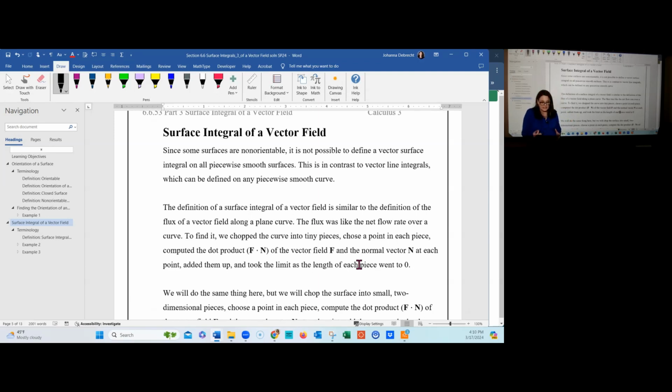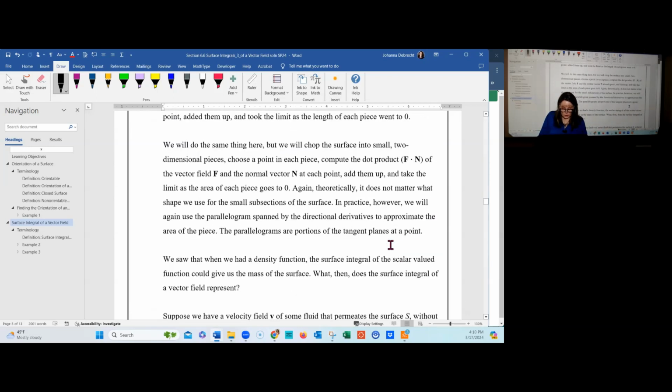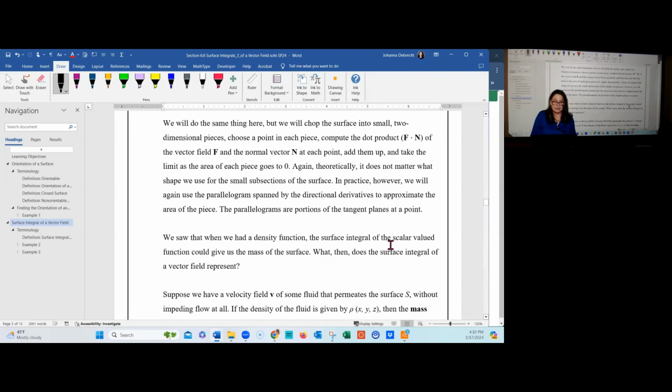We want to do the same thing here, but instead of to a curve, we're going to do this to a surface. We're going to chop our surface into tiny little pieces of area. We're going to choose a point on each tiny piece of area and compute the dot product of the vector field with the normal vector to that piece of area.